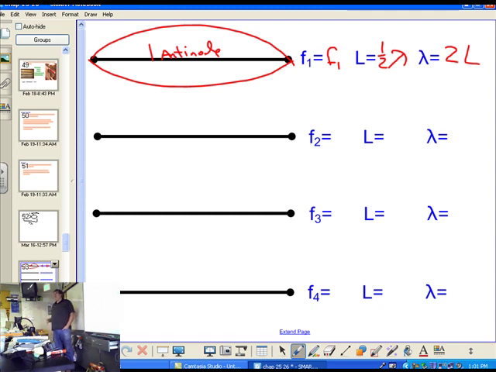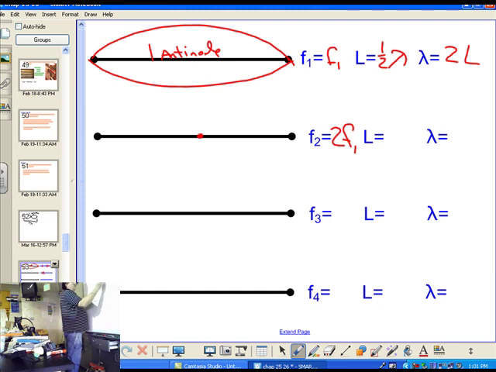We go up to F2, the second harmonic, which is twice F1. In order to get to the next antinode, we have to add more wave to this, to get to the next time a node appears. So from here, the next time a node appears is one more antinode.